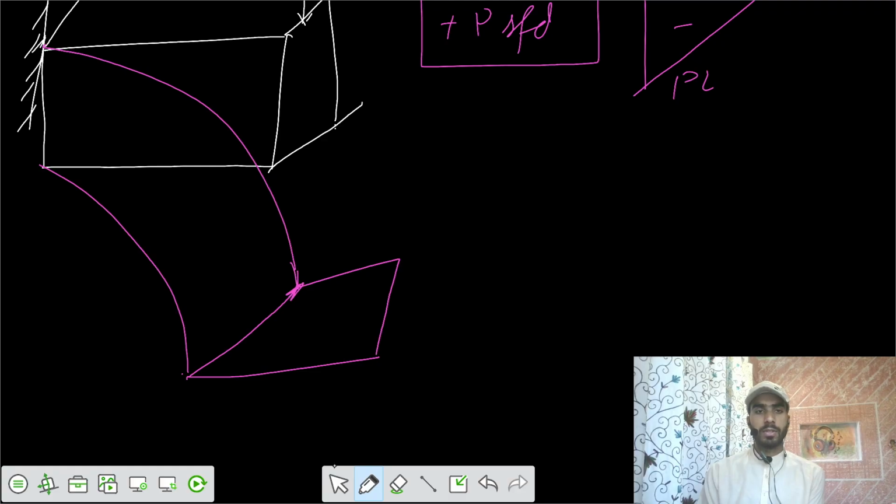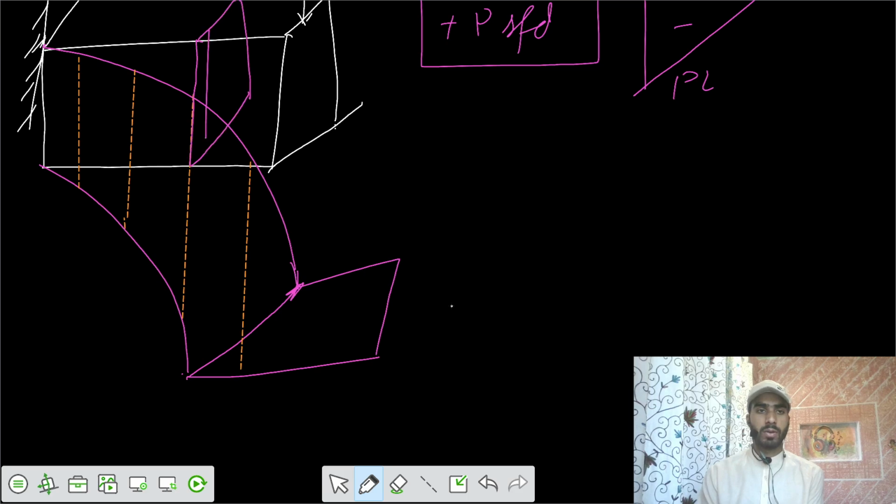If you take a vertical reference, let's say these are the vertical references that we have initially in the plane. So this was our initial plane, our reference plane.